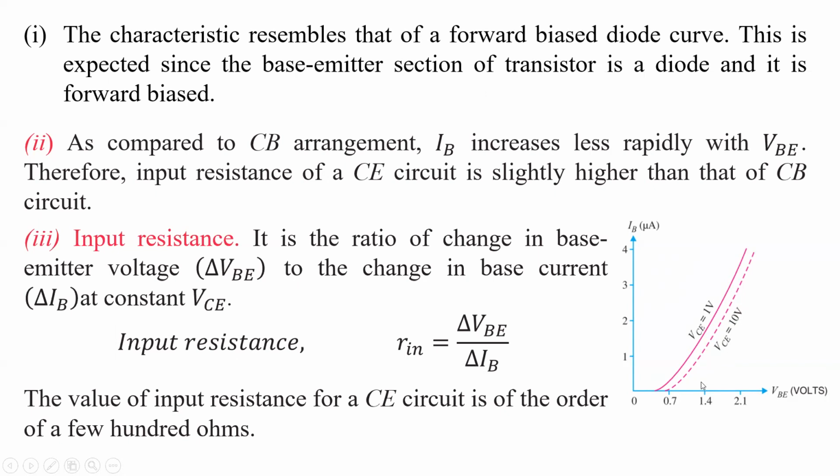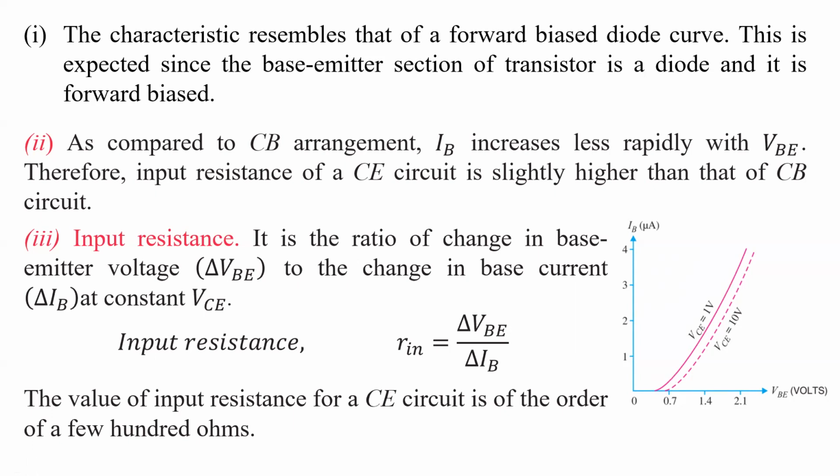It is observed that for a small change in VBE, there is a large change in IB. That is, delta VBE is smaller, whereas delta IB is greater. So it is a small value divided by a large value. It means the input resistance of the transistor when it is connected in common emitter mode is going to be very small, of the order of a few hundred ohms.